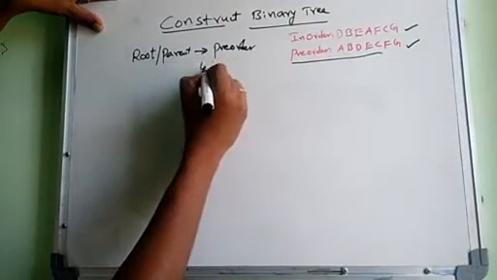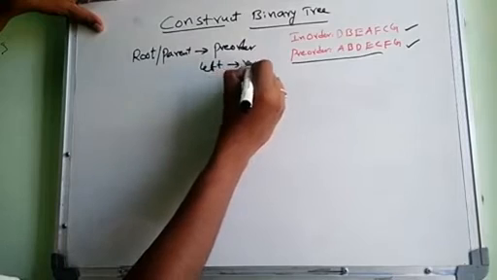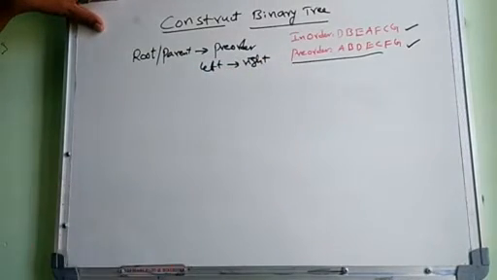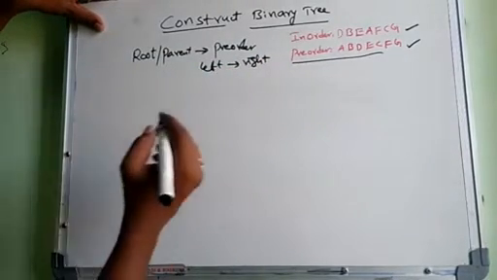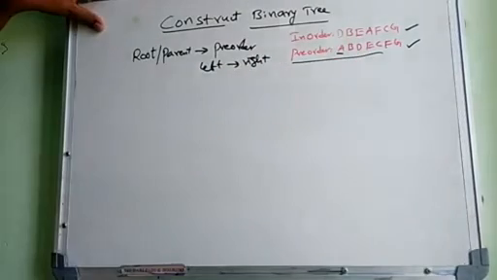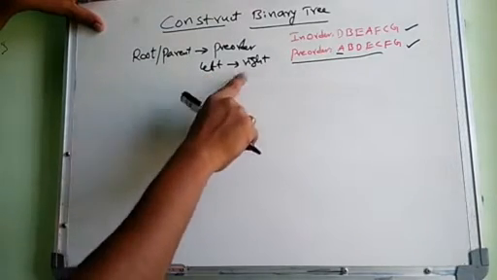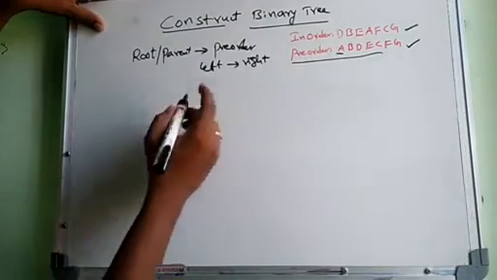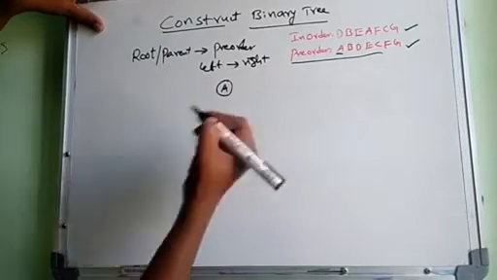In pre-order we can move from left to right. From this example, what is the first node in the pre-order? First on the left is A. A is the root.